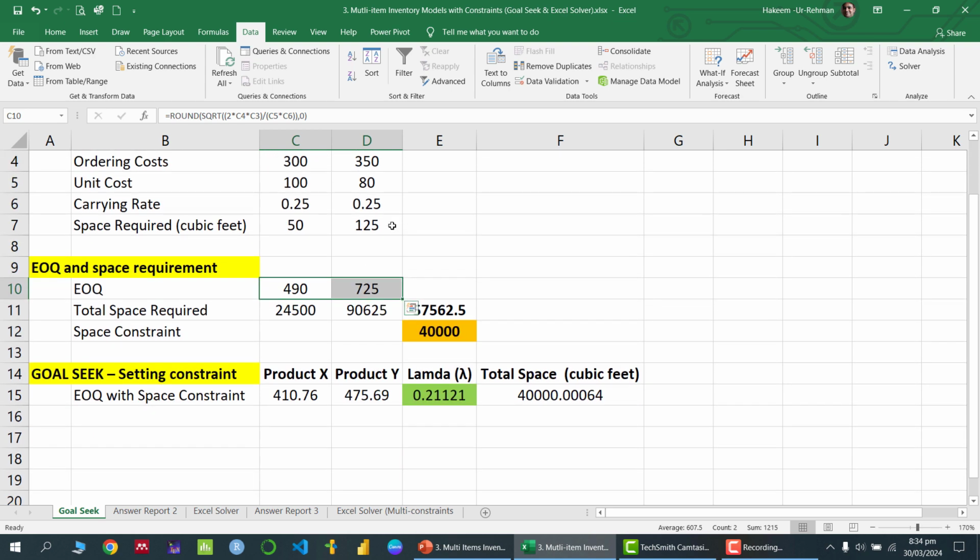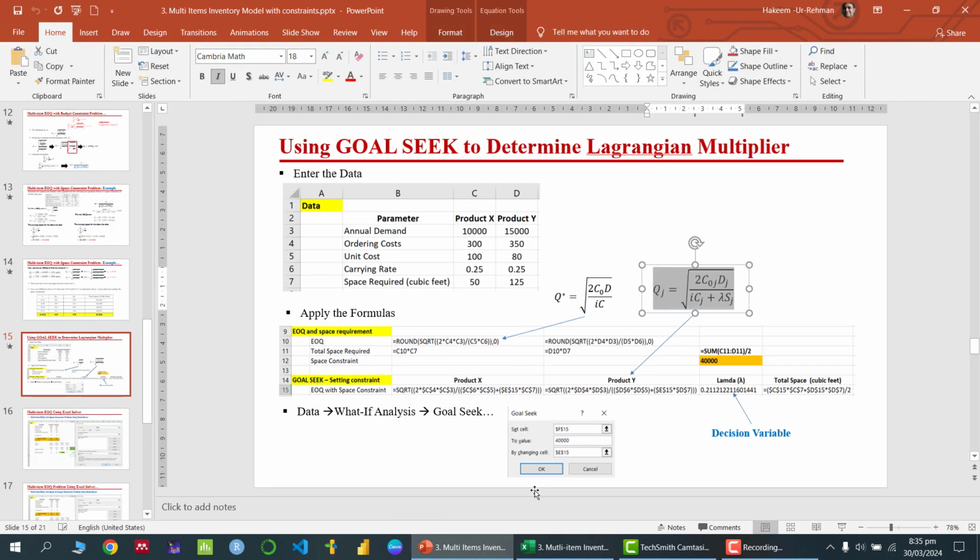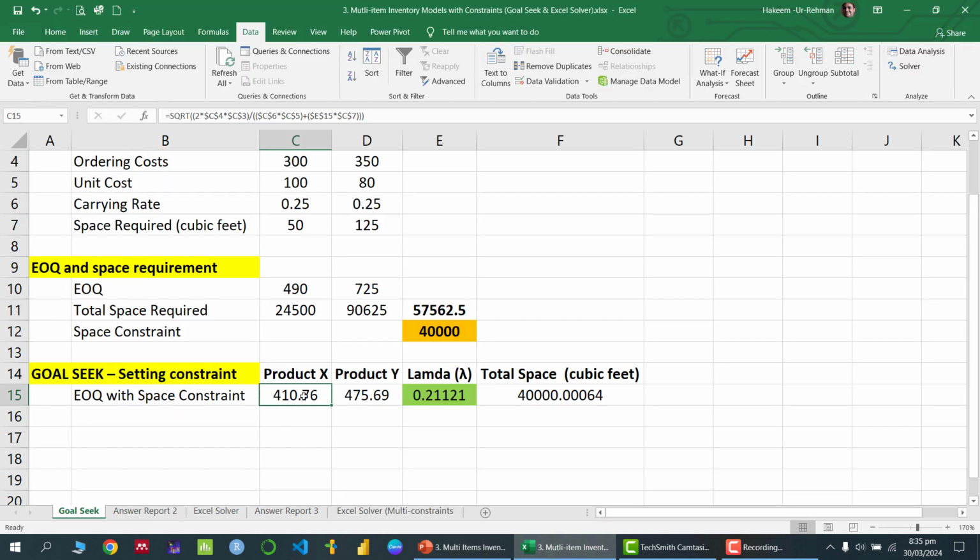Now, in order to apply the goal seek, I am going to apply the economic order quantity formula with the space constraint, which is this one: square root of 2 into C naught into Dj over I into Cj plus lambda into Sj.